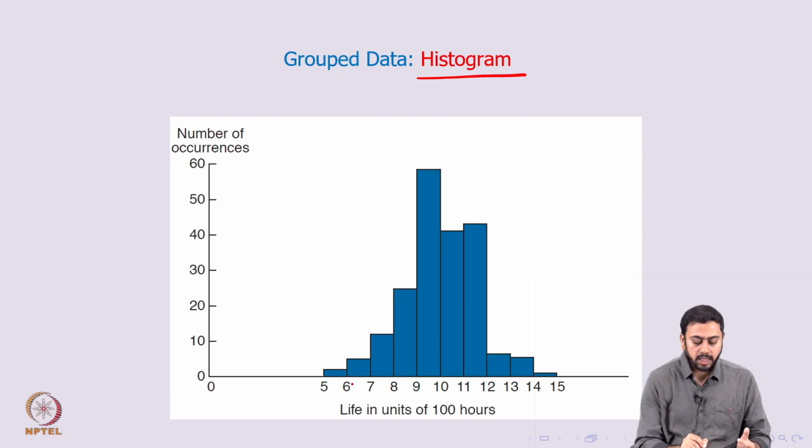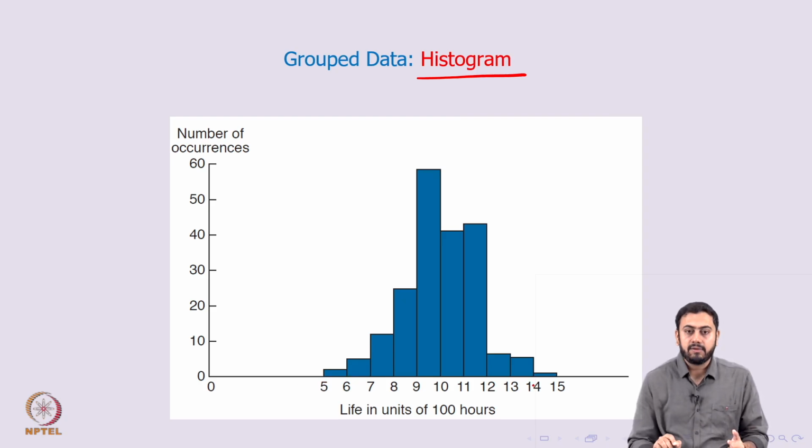Here you have bars, but the bars correspond to a class and not to individual values. In a bar graph, each bar corresponds to an individual value on the x-axis, which is not the case here. On the x-axis we have lifetime, in units of 100 hours, and on the y-axis we have frequency, or number of occurrences.